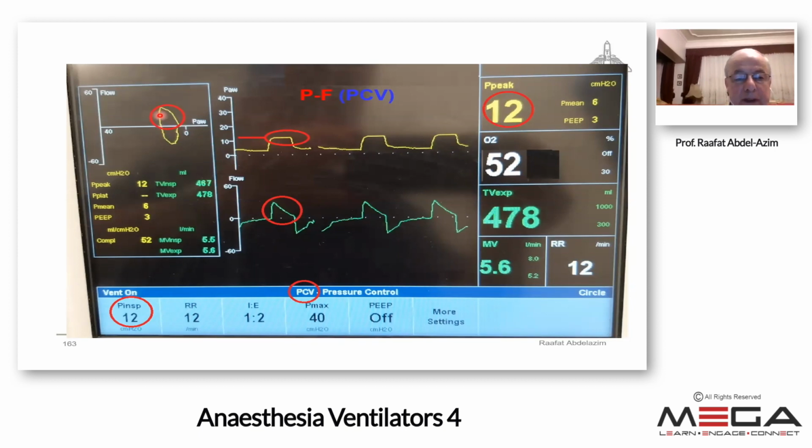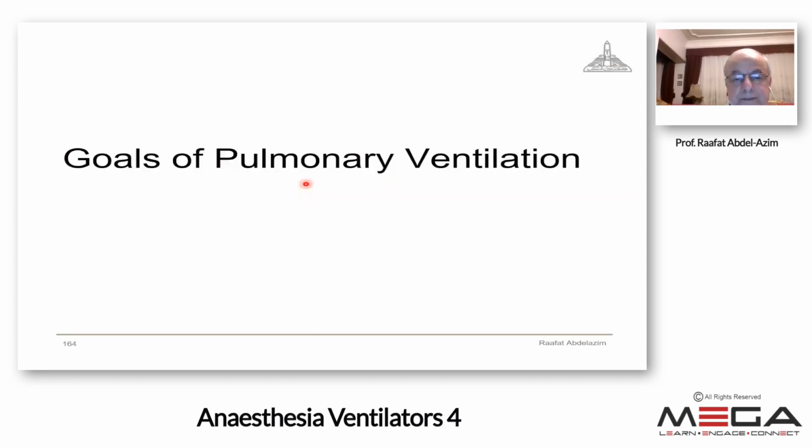This vertical line is the same horizontal line in the pressure scalar. And the flow reaches its maximum here, exactly the same as seen on the flow display. And the pressure change and the flow change during expiration are almost the same as in the flow graph.